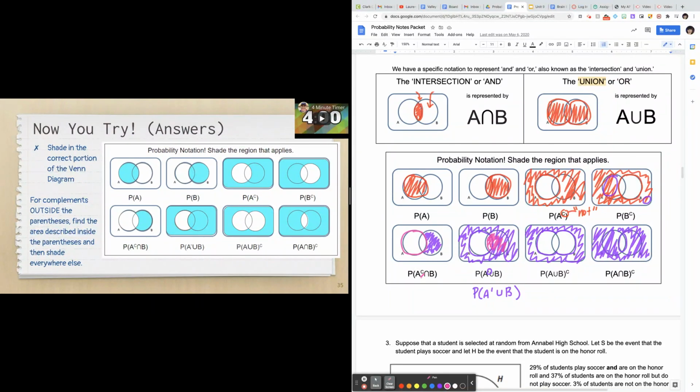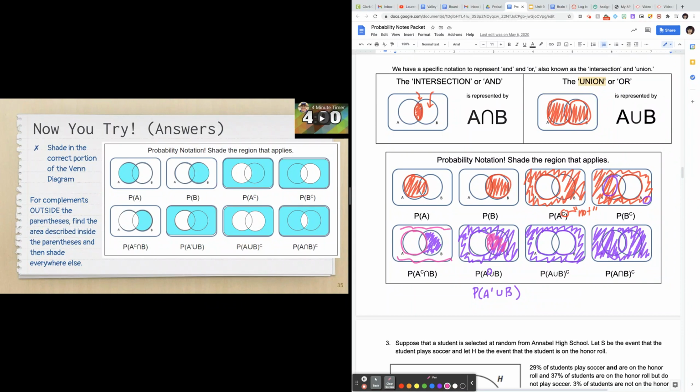But wherever I choose has to also be in circle B, right? So I can't include all of this stuff out here, because that stuff out there is not also included in circle B. So what you see shaded in purple there is everything that fits in both of those categories, okay?